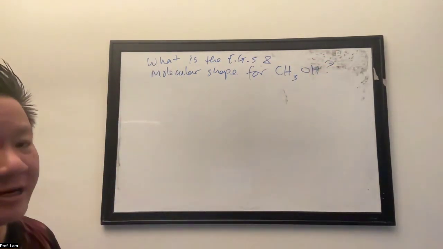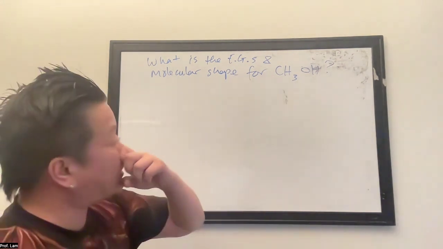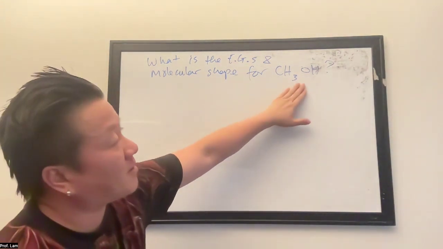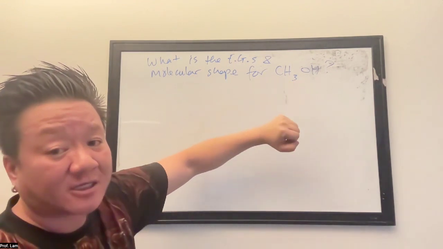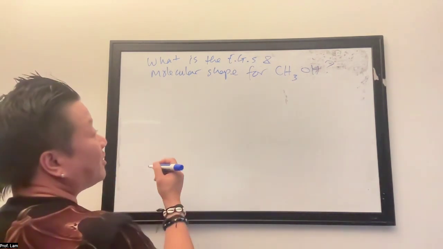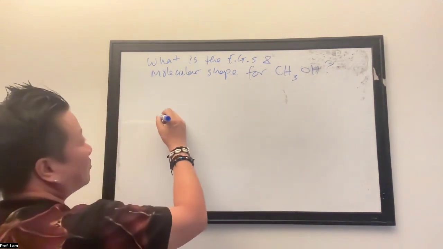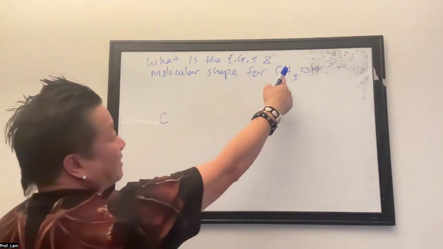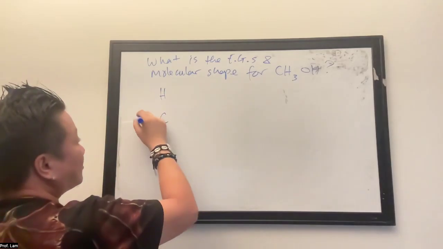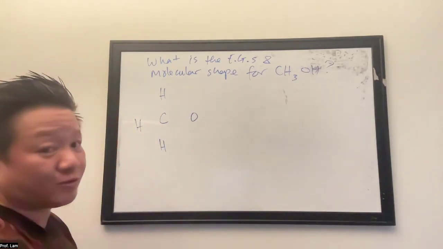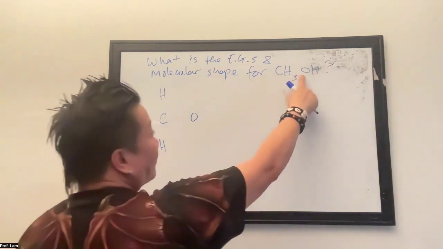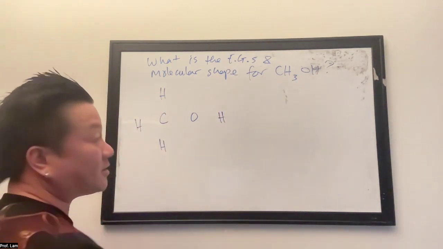So CH3OH, remember I was telling you guys earlier, when you have a larger compound, it will be written out for you so that you can see the connectivity better. So CH3OH, we're going to have a carbon that has 3 hydrogens attached to it, right? And then that carbon is attached to the oxygen, right? You just read it from left to right. And then on that oxygen, another hydrogen is attached, okay?